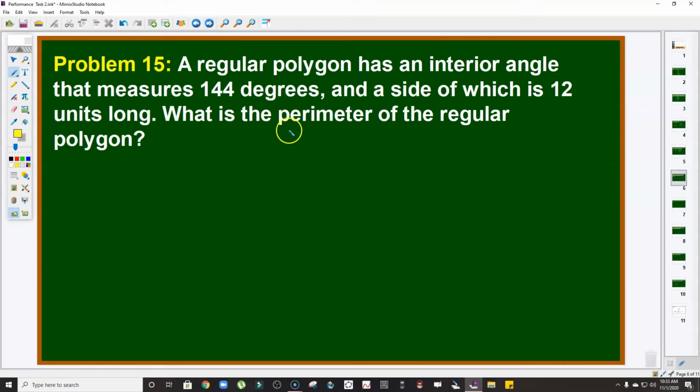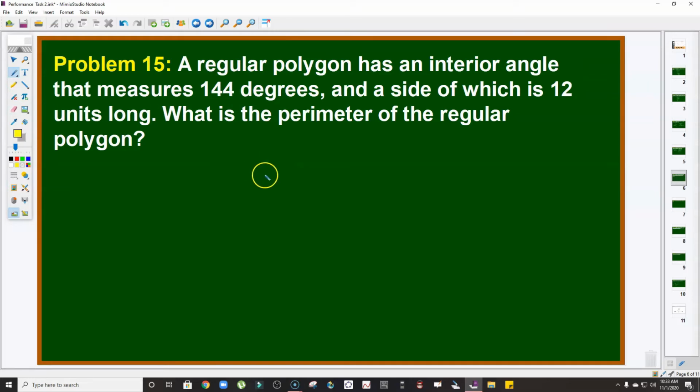Okay, next. Problem number 15. A regular polygon has an interior angle that measures 144 degrees and a side of which is 12 units long. The question is, what's the perimeter of the regular polygon? Since the interior angle is given, we equate it to the formula.